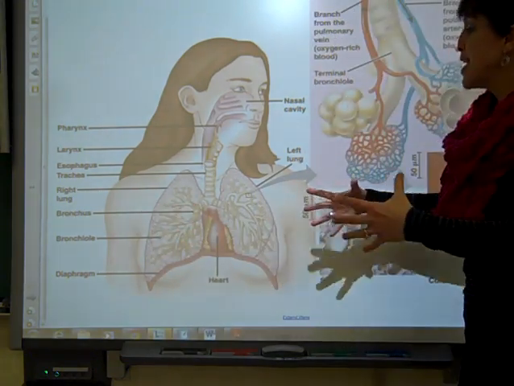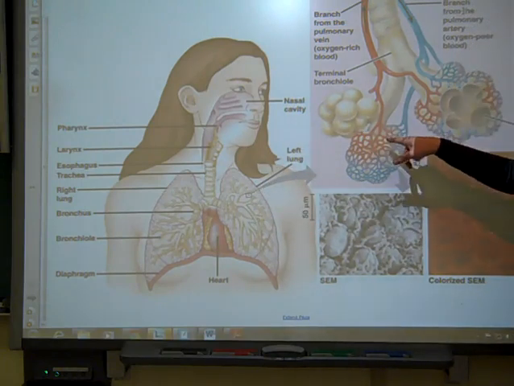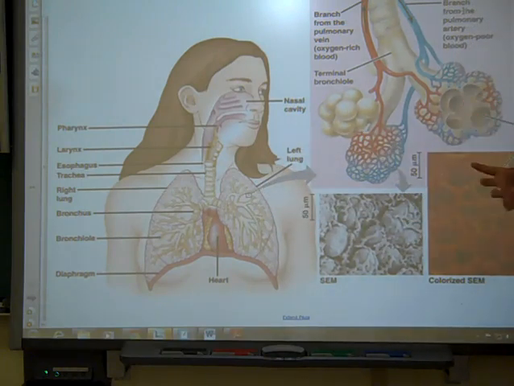The bronchioles keep branching more and more until, if you blow up the picture right here, you can see alveoli. So alveoli are these air sacs, and every air sac is surrounded by capillaries. The capillaries are thin. You have three types of blood vessels: arteries, veins, and capillaries. Capillaries are the only ones where diffusion can occur through them.